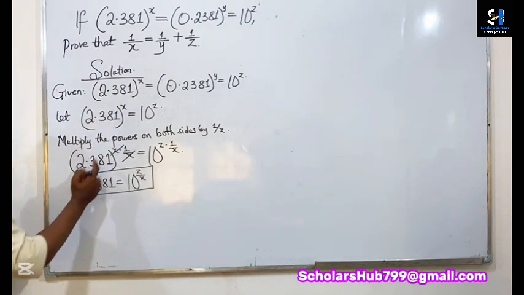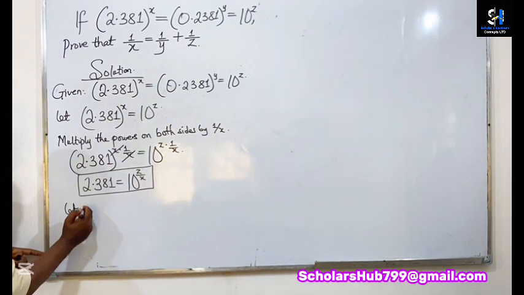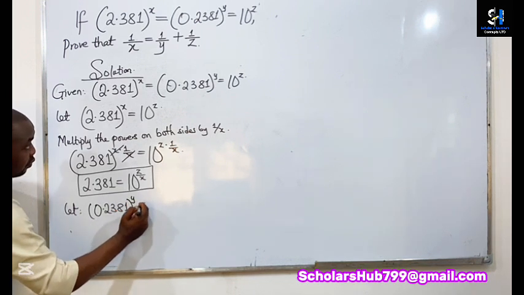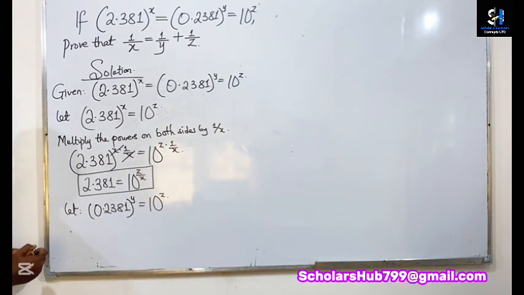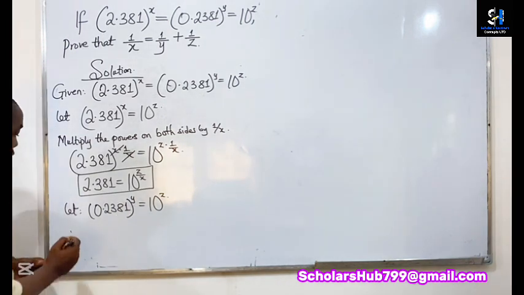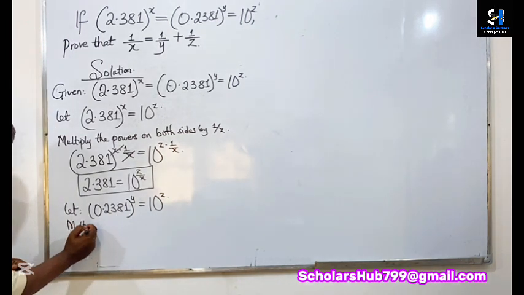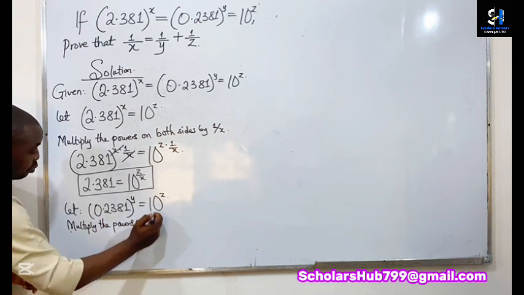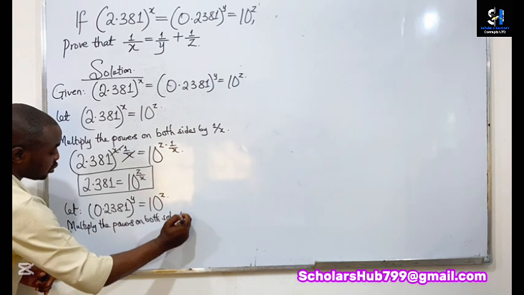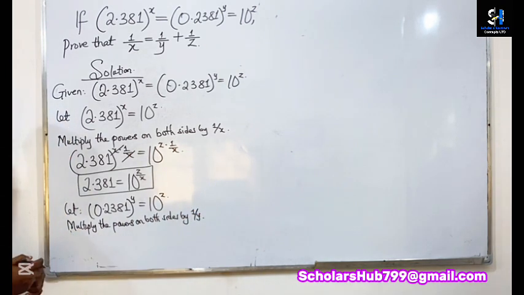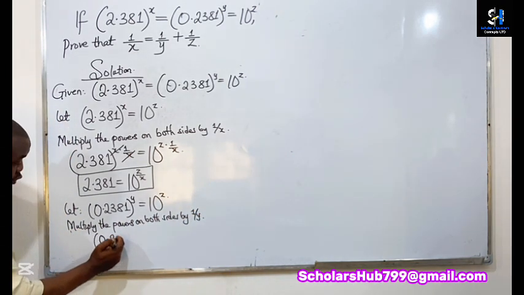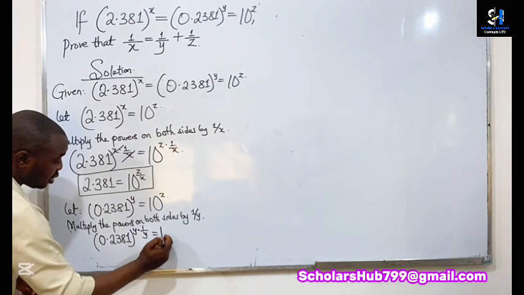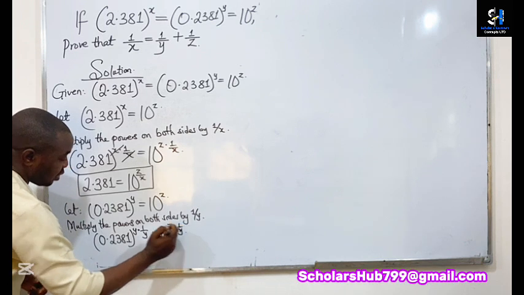All right, then I'll do the same thing with this one. So now let (0.2381)^y equal 10 to the power of z. Again, I'm going to get rid of power y, and to do that I'm going to multiply the powers on both sides by 1 over y, so that this will be (0.2381)^y multiplied by 1 over y equals 10 to the power of z multiplied by 1 over y.